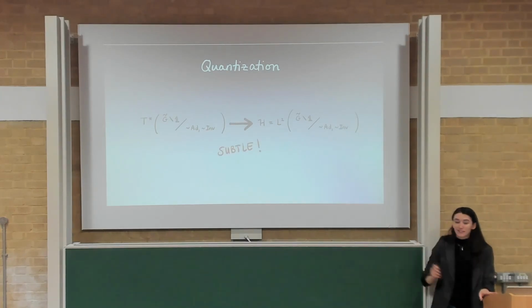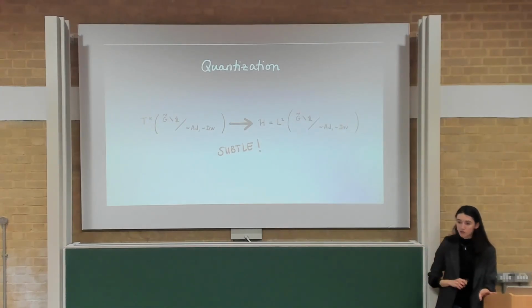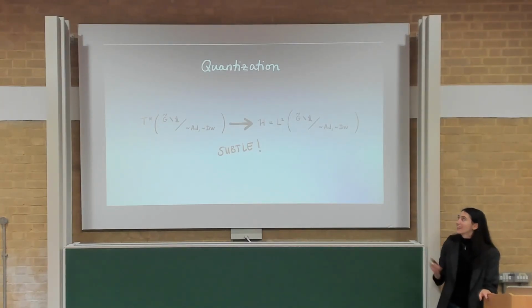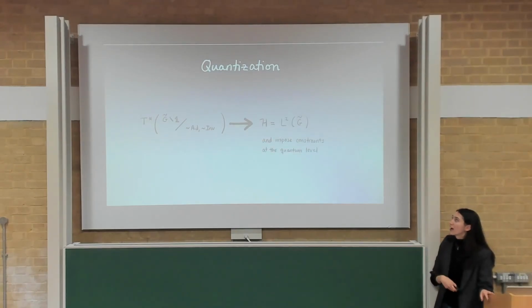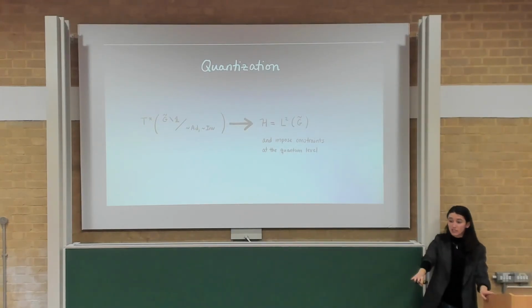This, however, is a bit subtle precisely because this is not a Hausdorff space, it does not inherit an integration measure from G tilde, and therefore it doesn't make sense how to talk about square integrable wave functions on that. So a better way to quantize that evades this problem is to start with square integrable wave functions on G tilde, and then impose the remaining gauge symmetries, the adjoint and inverse action, at the quantum level.